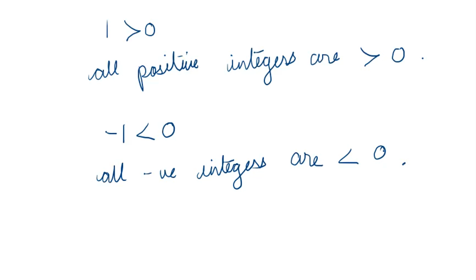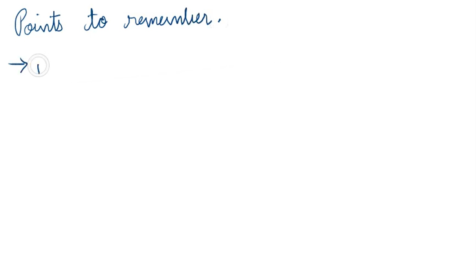Okay, so now we'll just go through a few other important points to be remembered about integers. So points to remember. Okay, so the very first point is every positive integer is greater than 0.